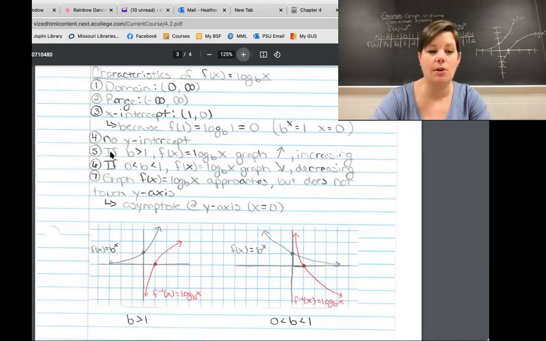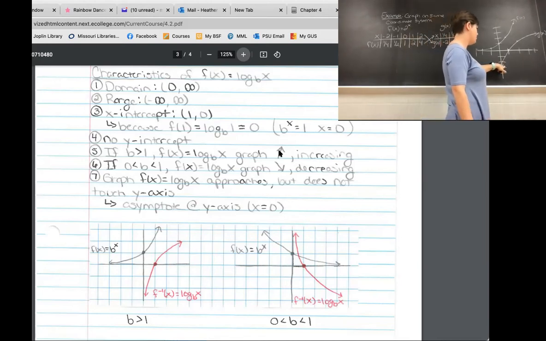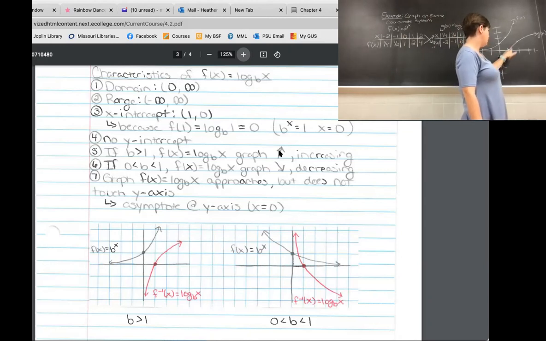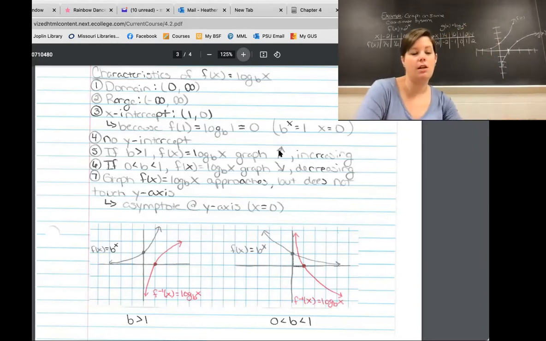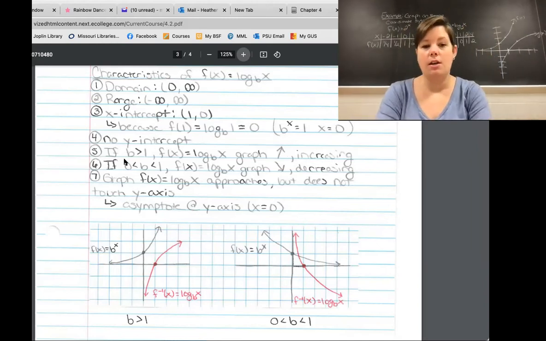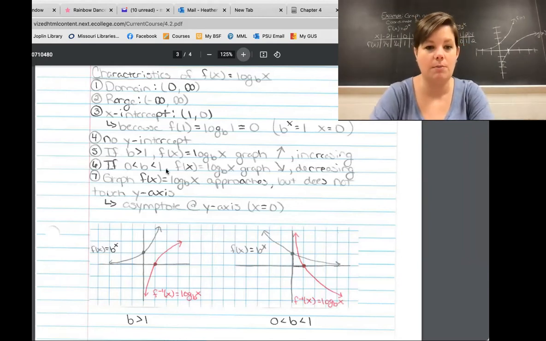Okay, so number 5, if b is greater than 1, then the log base b of x graph is increasing. Which is what we had here. Our b was 2, that's greater than 1, so it's going up, up, up. It's increasing. However, if b is between 0 and 1, so if it's a fraction, then we have a decreasing graph.